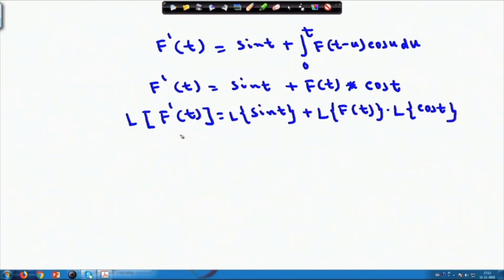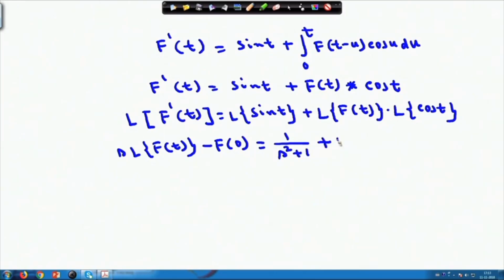What is the Laplace transform of f′(t)? From the definition, you can write down s times the Laplace transform of f(t) minus f(0). This is the Laplace transform of f′(t). The Laplace transform of sin t is 1 by s² + 1, plus the Laplace transform of f(t) into the Laplace transform of cos t, which is nothing but s by s² + 1.